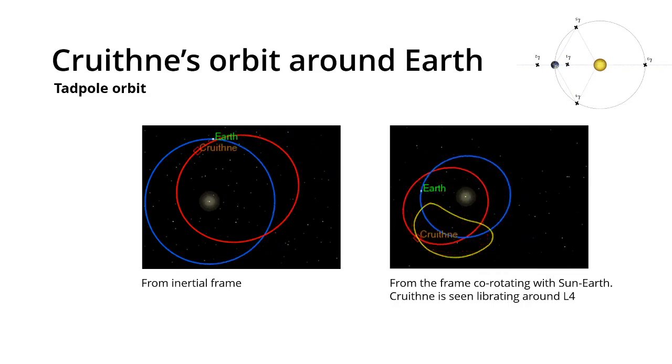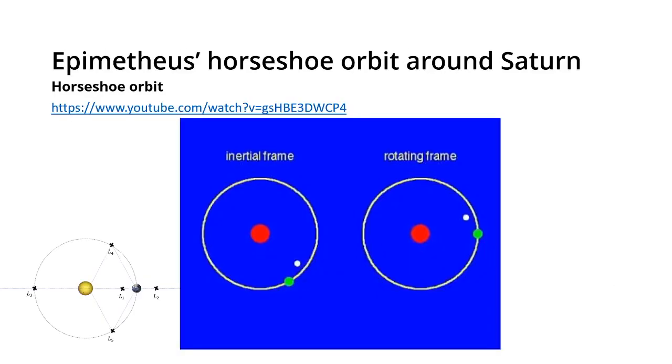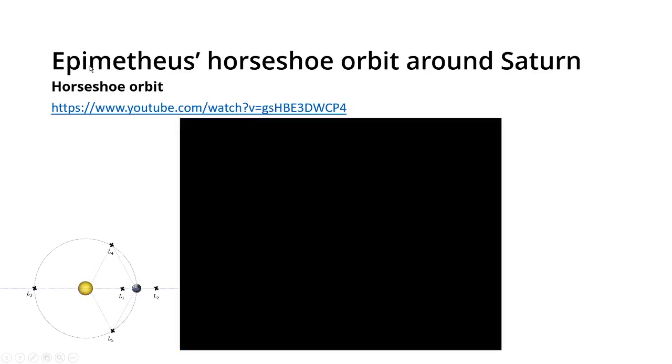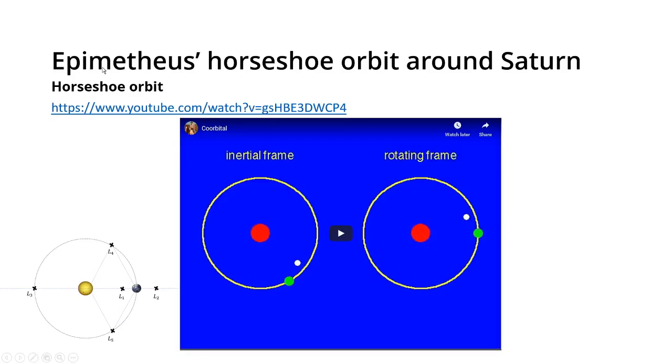All right, and then let's look at this. Prometheus is a moon of Saturn, but it's a moon that is not really orbiting Saturn in a two-body Keplerian orbit. Prometheus is the moon of Saturn that moves in a horseshoe orbit. Again, let's look at the left one first. The white one is Prometheus, the green one is Saturn.